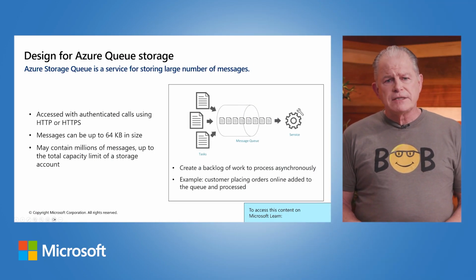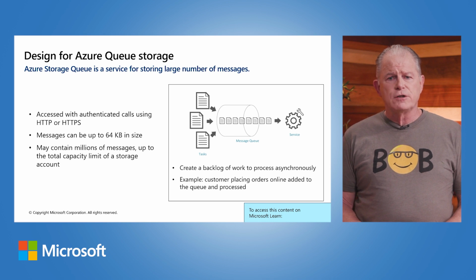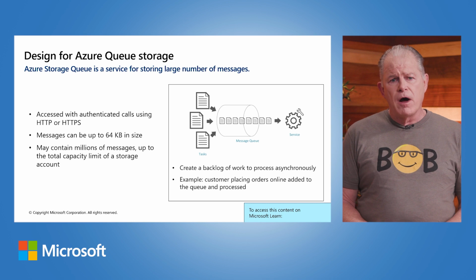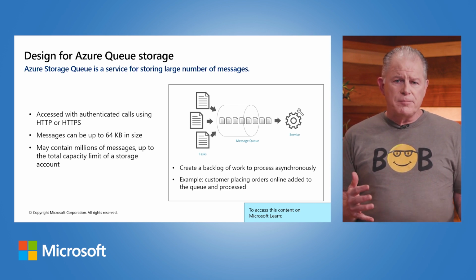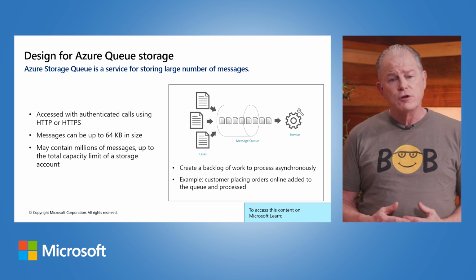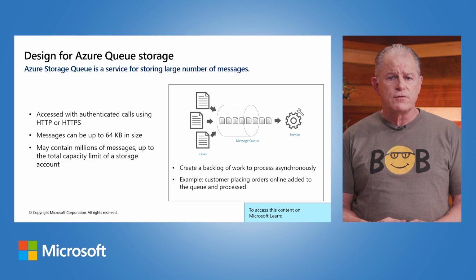When we take a look at message-based solutions, one of the major concepts that we want to get into is the concept of decoupling. As we get into modern application development, you no longer have monolithic applications where there's one application, regardless of how many people are using it, performing all of its functions.